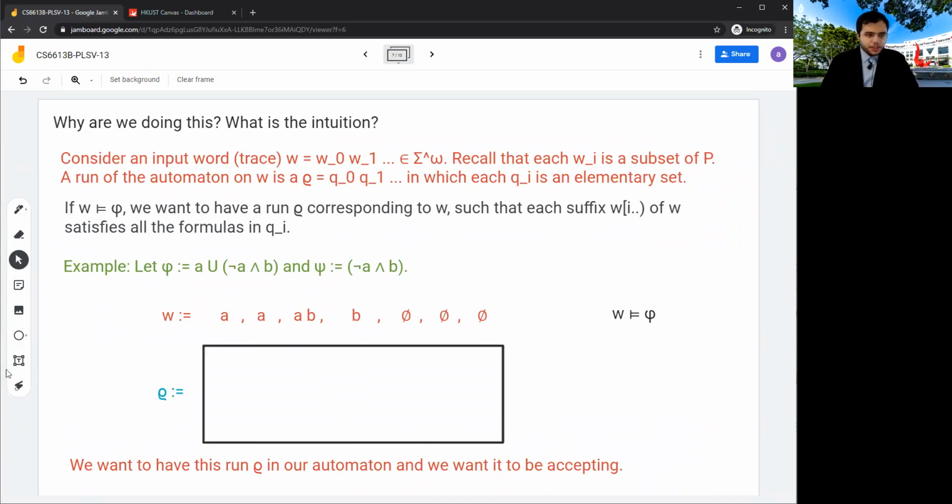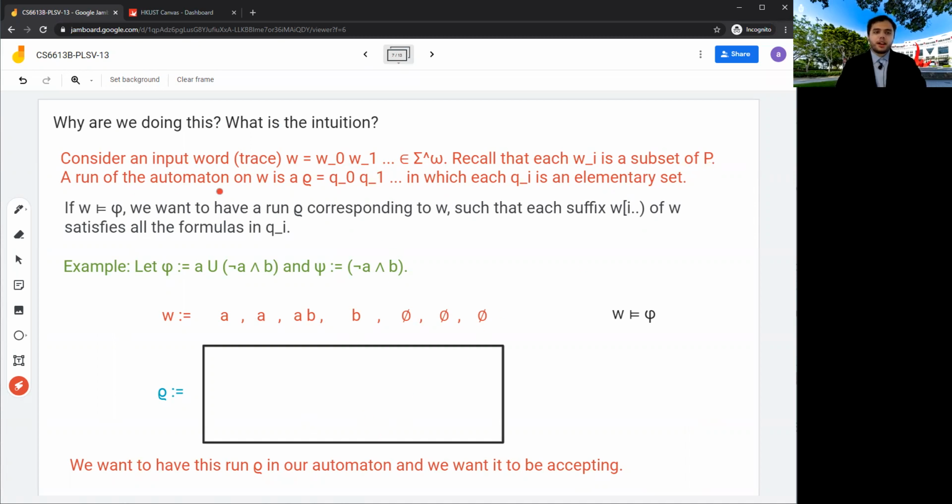What I want to do is this. Let's say that I have some input word or input trace W, which is W0, W1, and so on. And this is in sigma omega, so it's infinite. Because our sigma was 2 to the power of p, each letter is a subset of atomic propositions.